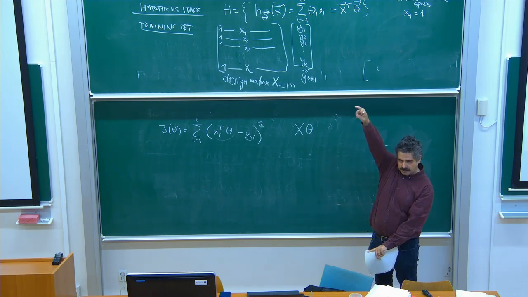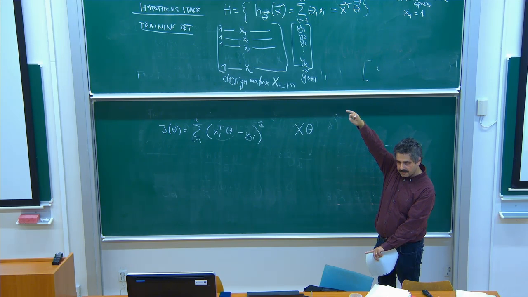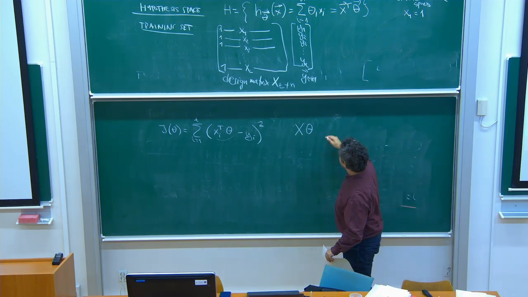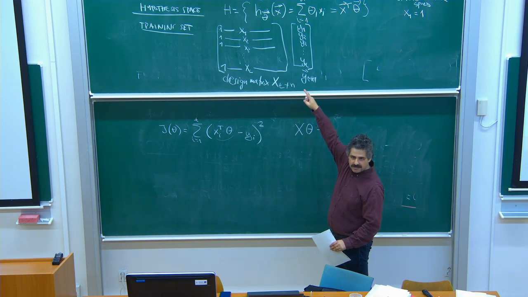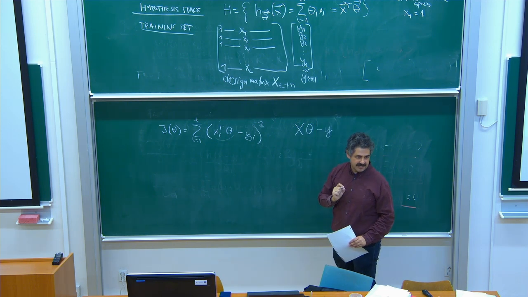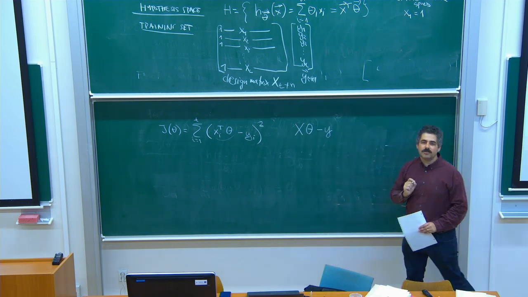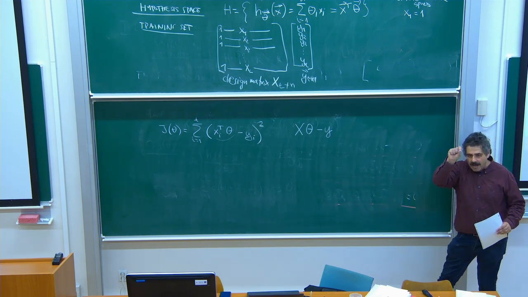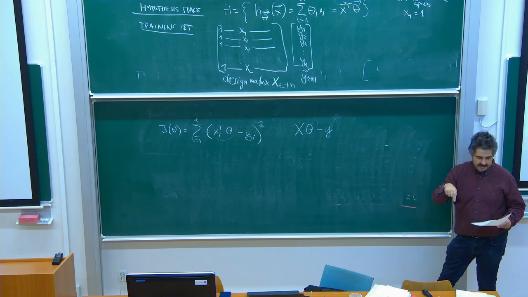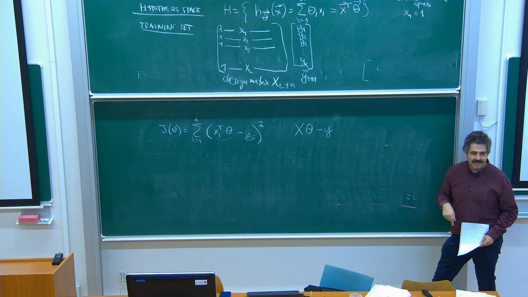I get a vector of all predictions for all the training examples. I take this and subtract y from it, so then I get basically a vector of differences. What do I need to do next? I need to somehow square all the values in it and sum them up. How do I do that?